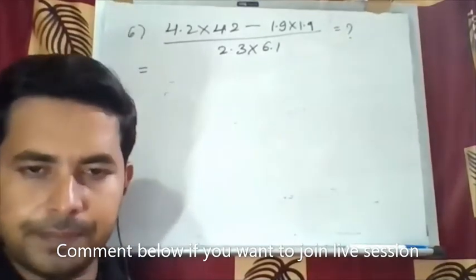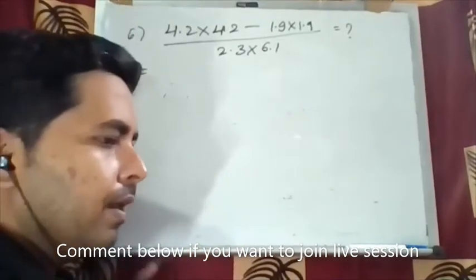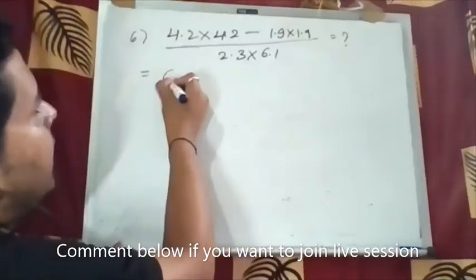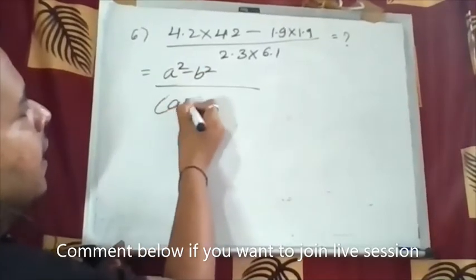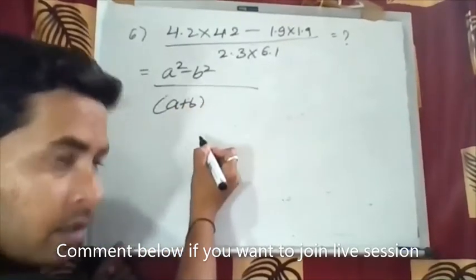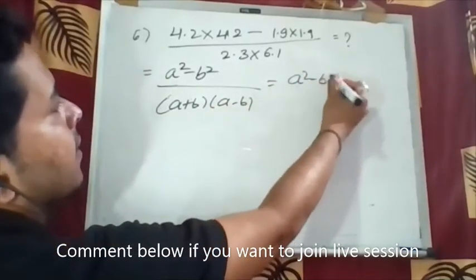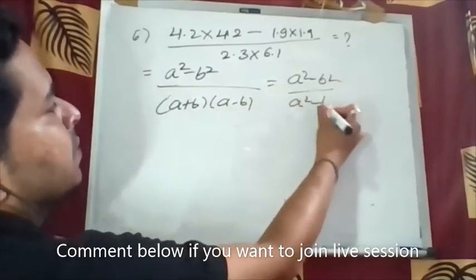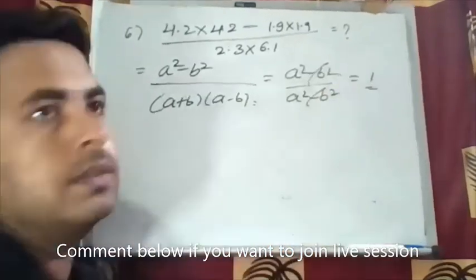The same formula. So here the answer is 1. How? Look, the top one I can write as a square minus b square, and the bottom one I can write as a plus b, a minus b. So here a plus b, a minus b again gives a square minus b square. So you'll get the answer as 1.